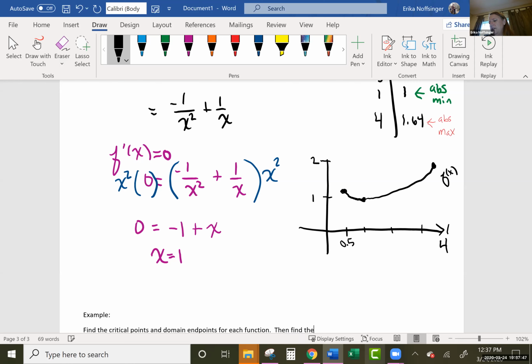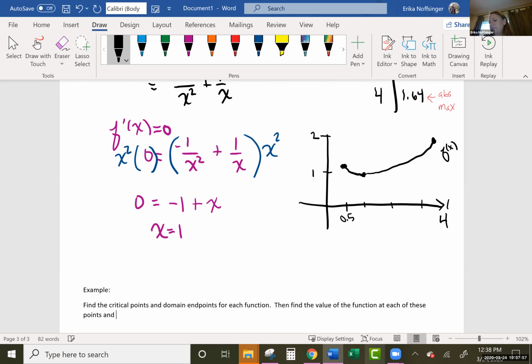Then find the value of the function at each of these points and identify extreme values, absolute and local.